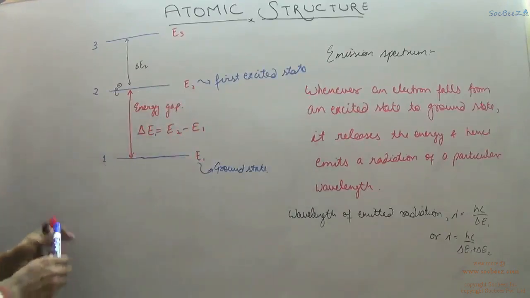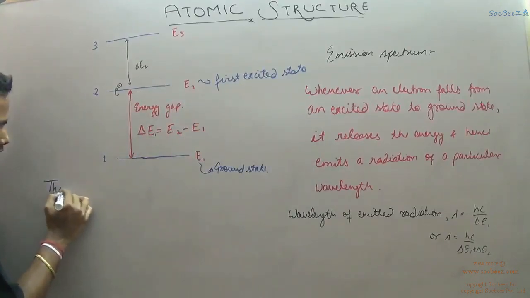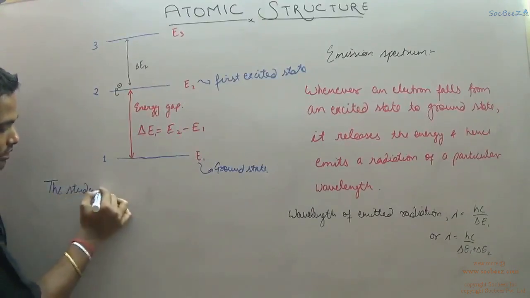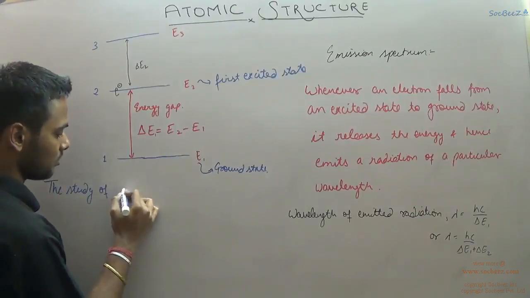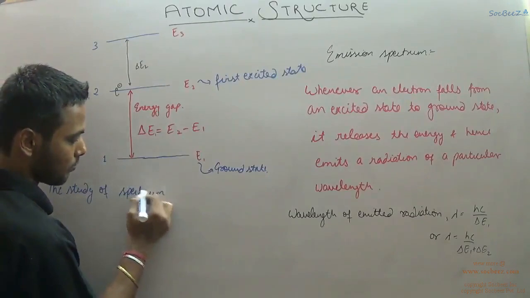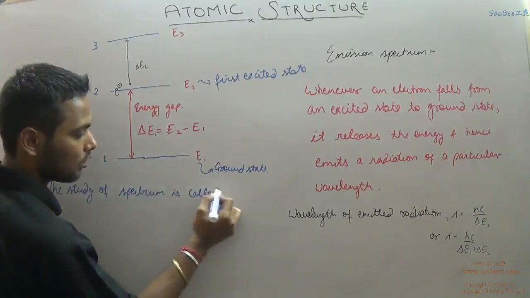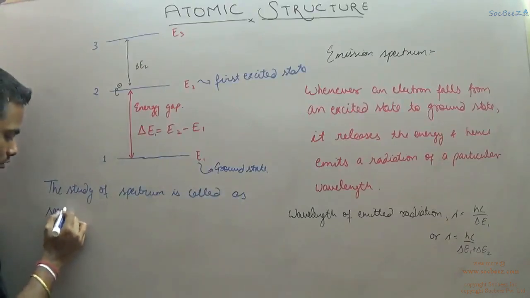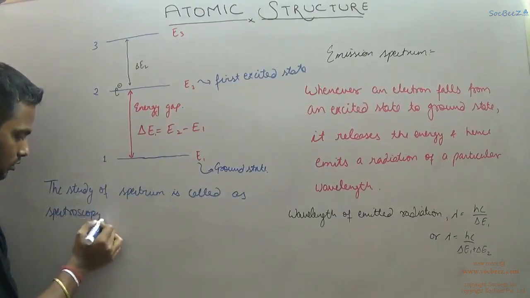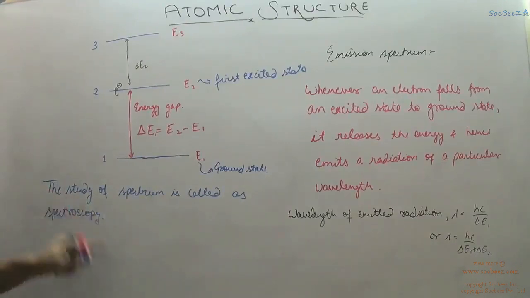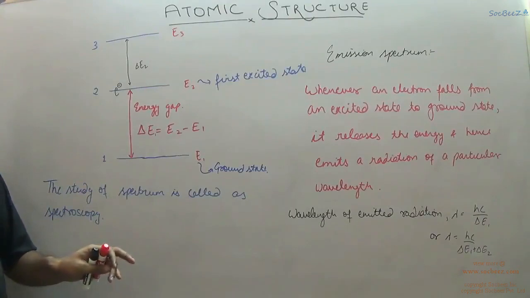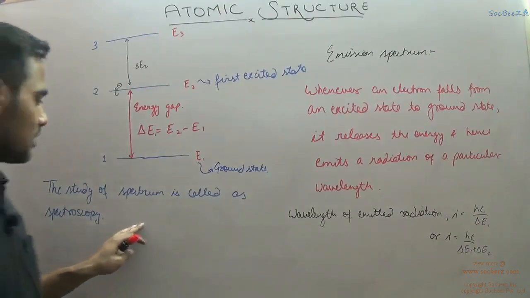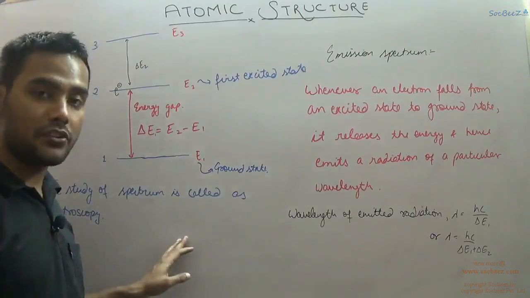So the study of spectrum is called spectroscopy. Now this spectroscopy is further divided into different classes, depending on the type of spectrum which you are studying.